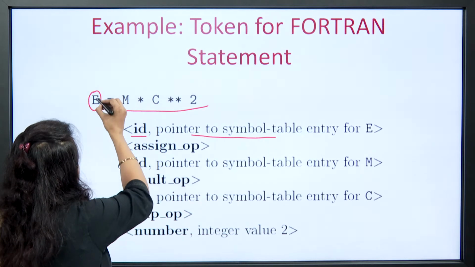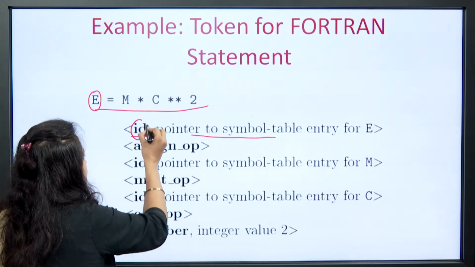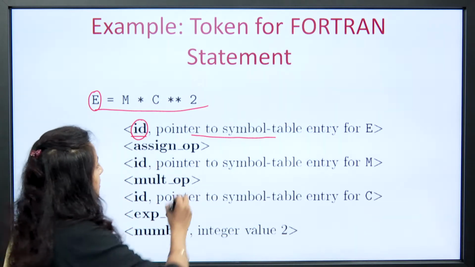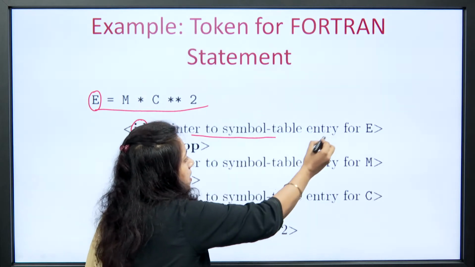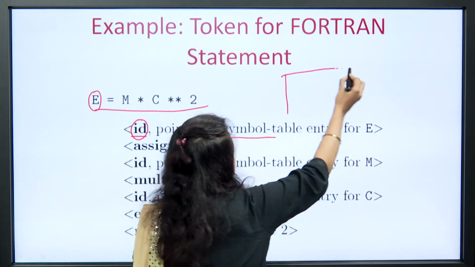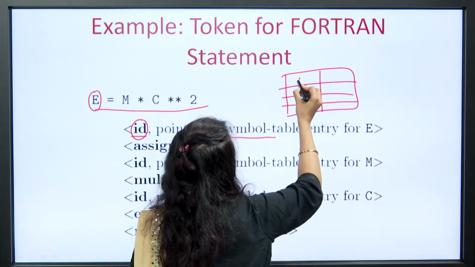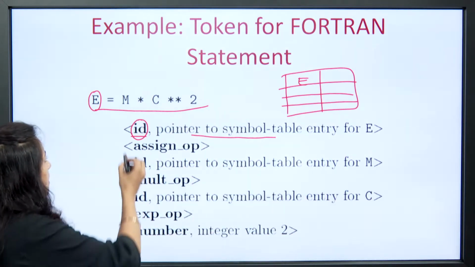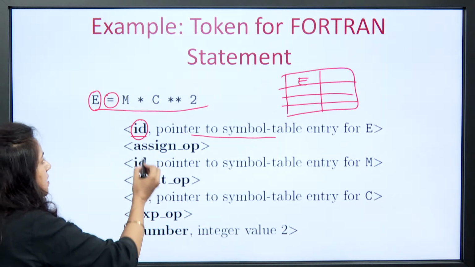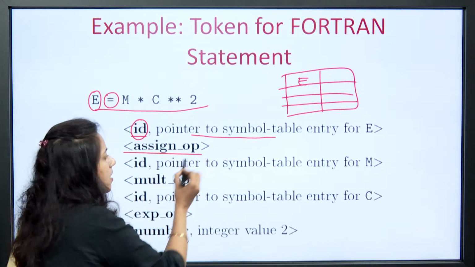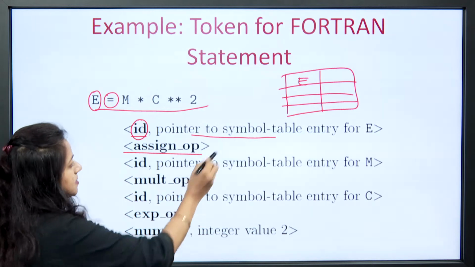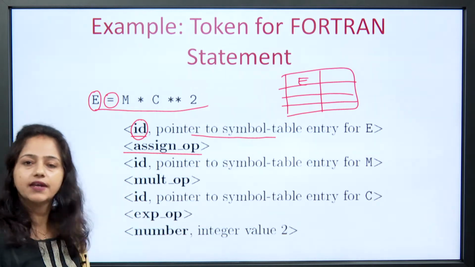Now, here we have E, the class of E is identifier, and a pointer to the symbol table entry for E, meaning suppose we are creating a symbol table, wherever its entry will be, that pointer will be written. Now, next is assignment. So, here it will return the token for assignment, and this entry is optional actually. So, here we have skipped it.